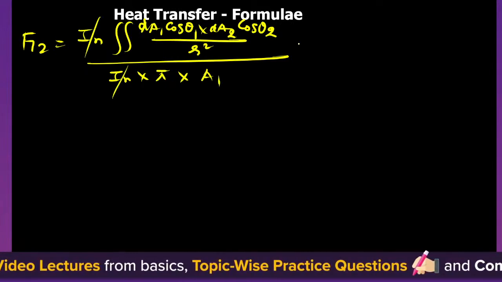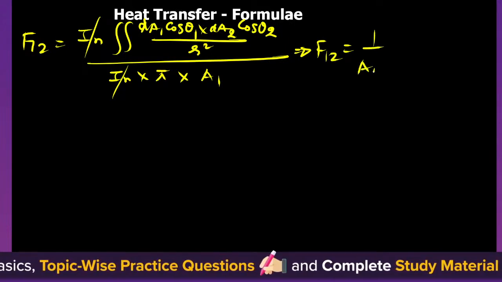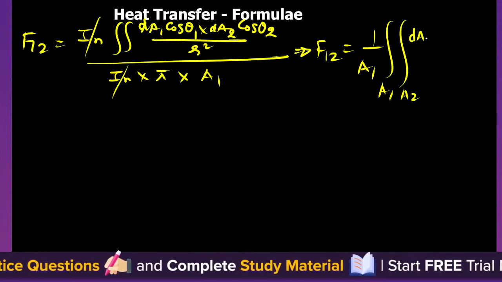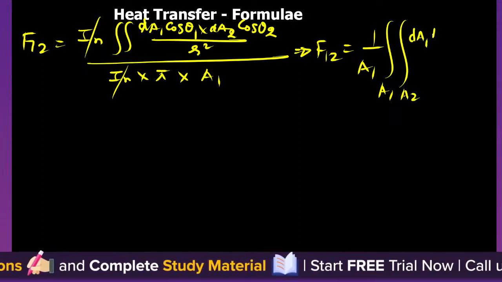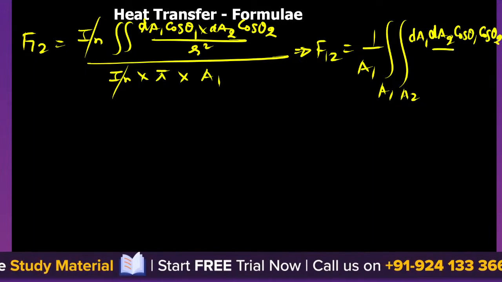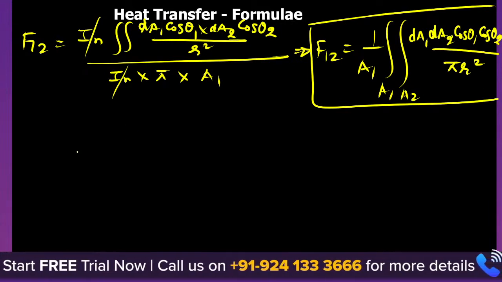If we simplify this, then F12 is equal to 1 upon A1, then there will be double integration A1 to A2, dA1 dA2 cos theta 1 cos theta 2 upon pi into R square. That is the formula for radiation shape factor F12.